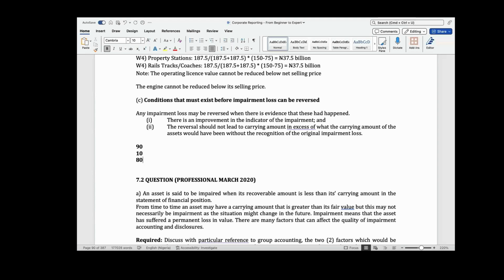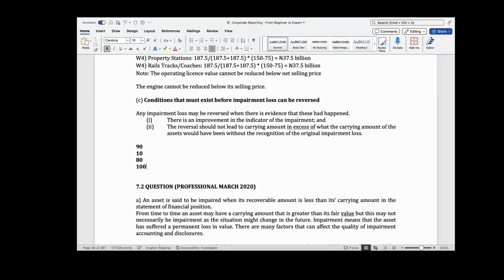All we are saying is this: if for whatever reason they tell you that there's a reversal, meaning the value went up again, you cannot go up beyond 90. Even if the examiner says that the new value is 100, you have to restrict it to 90. Because we don't want accounting shenanigans, we don't want people trying to create accounting value. We believe that value should not be more than the original carrying amount before the impairment. And that's what this other condition is addressing.